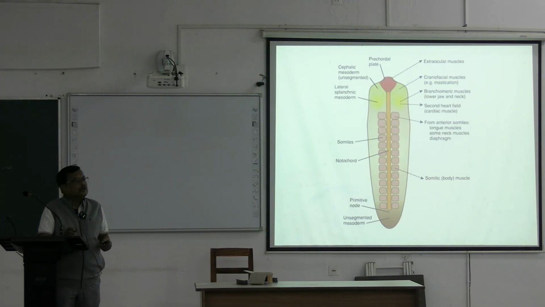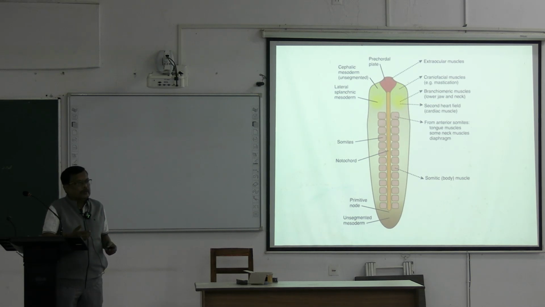Pre-occipital somites are 3 in number and occipital somites are 4 in number. Truly speaking, we must call them not somites but somatomeres, because they do not produce a definite cubical block. But loosely we call them pre-occipital somites 3, occipital somites 4.